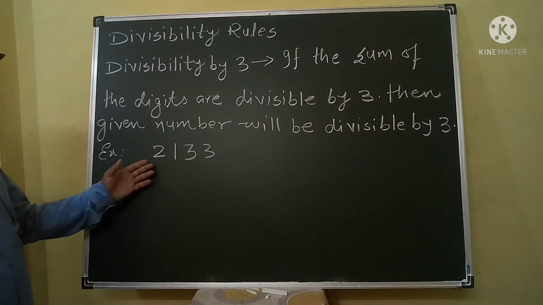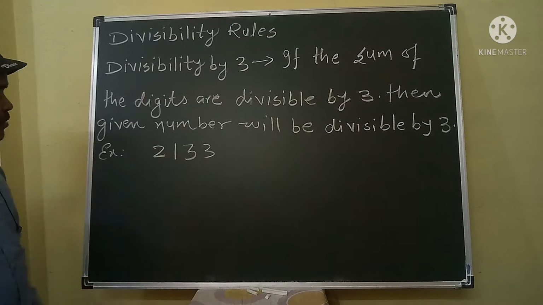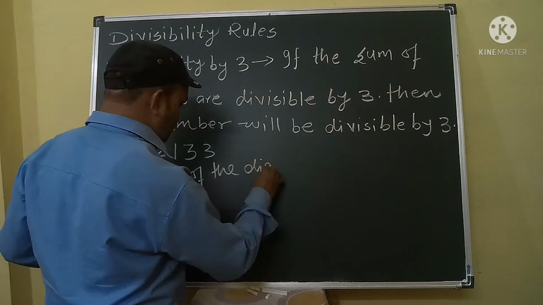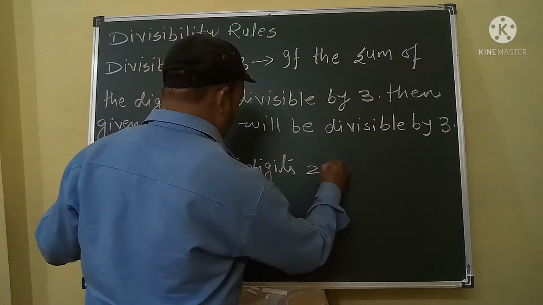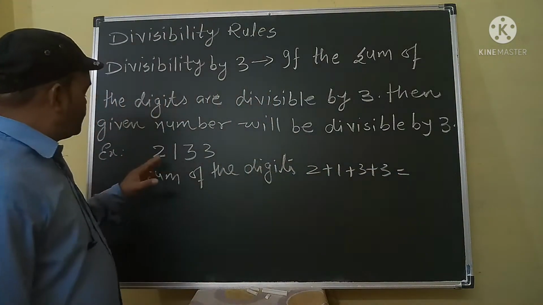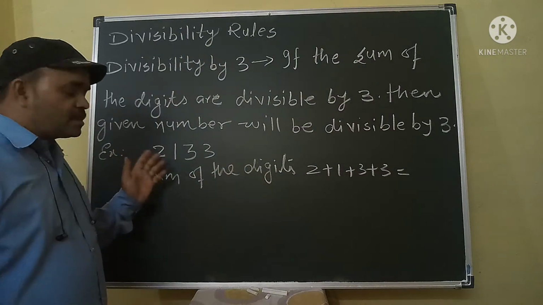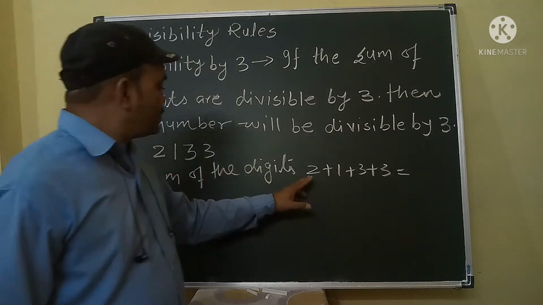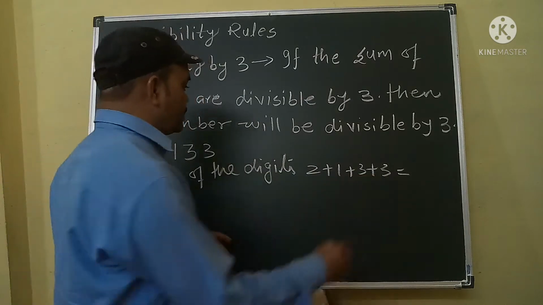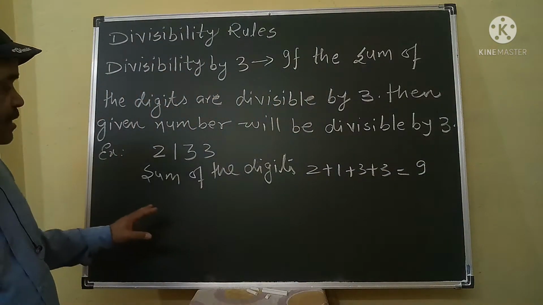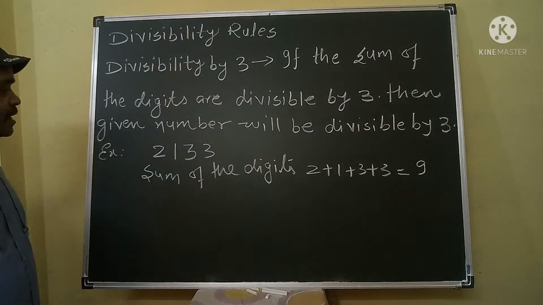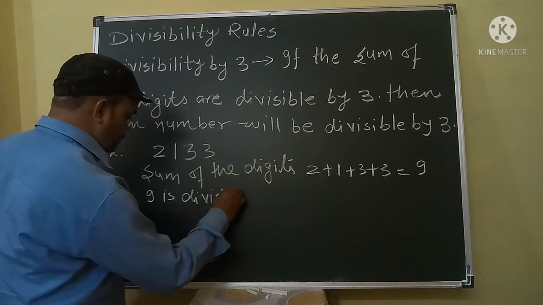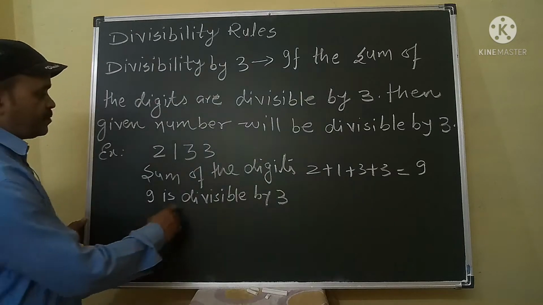So in 2133, we will take the sum of the digits: 2 plus 1 plus 3 plus 3. 2 plus 1 is 3, 3 plus 3 is 6, 6 plus 3 is 9. That means 9 is divisible by 3.